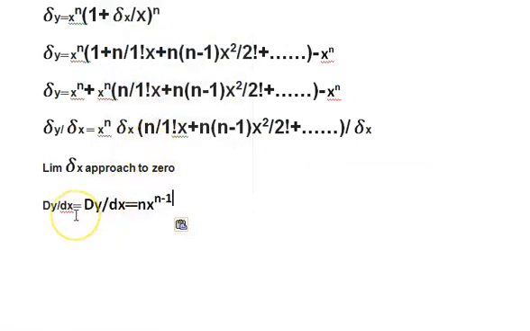And this relation is proved. Del x cancels, then as it approaches 0, the left-hand side becomes dy by dx, and the terms with del x and del x square vanish.